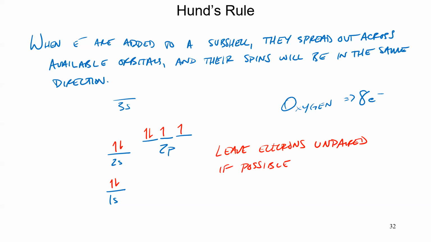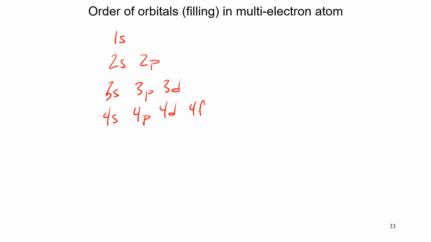All right. So there is a shortcut for us to remember how to fill orbitals, right? Again, this is something that maybe you saw in high school, but if we just write out the possible subshells, 3s, 3p, 3d, 4s, 4p, 4d, 4f, 5s, 5p, 5d, 5f.